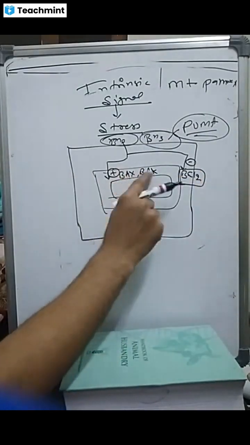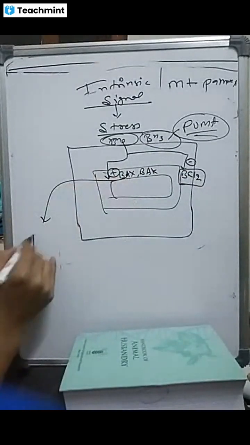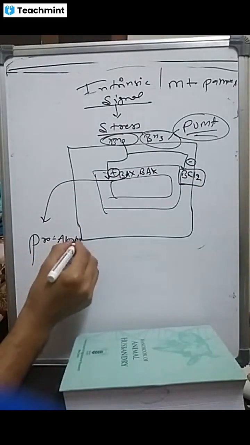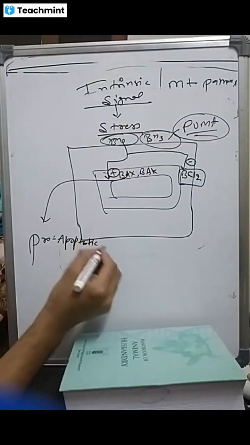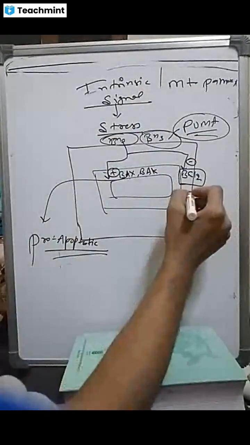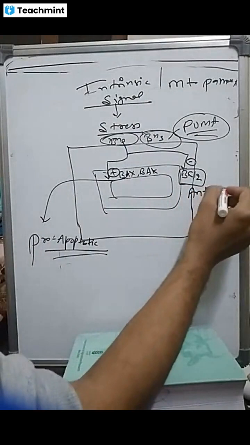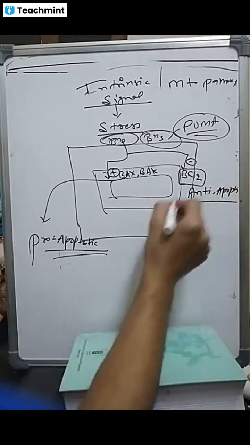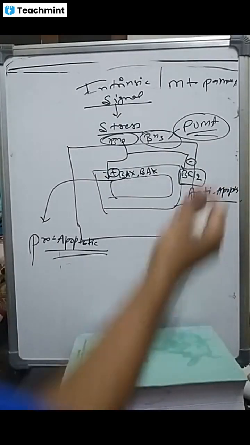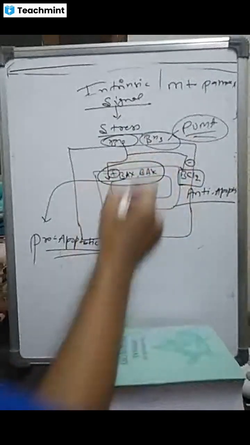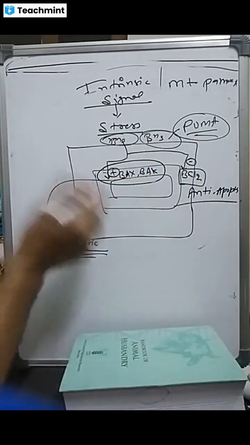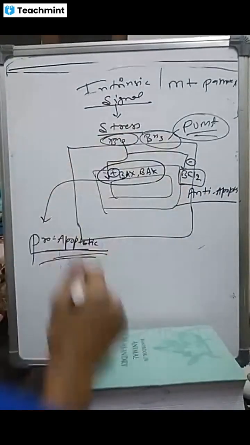What are BAX and BAK? They are products of pro-apoptotic genes, so they are pro-apoptotic. It means they will promote apoptosis, and BCL2 was anti-apoptotic. So you have inhibited the anti-apoptotic, which means you are stimulating apoptosis. BAX and BAK are stimulated, meaning the pro-apoptotic product is stimulated.